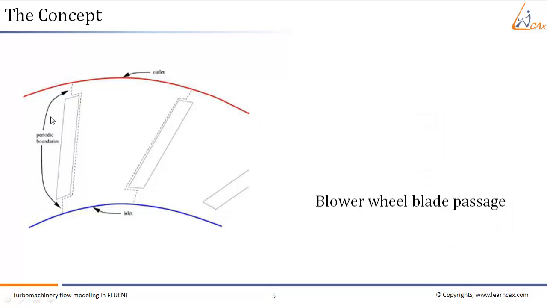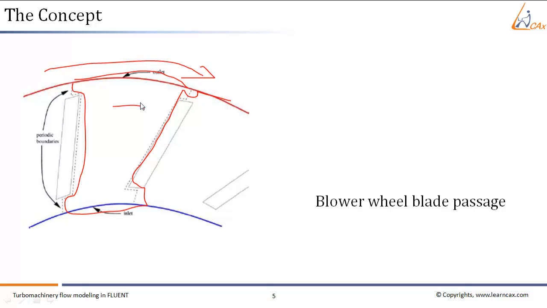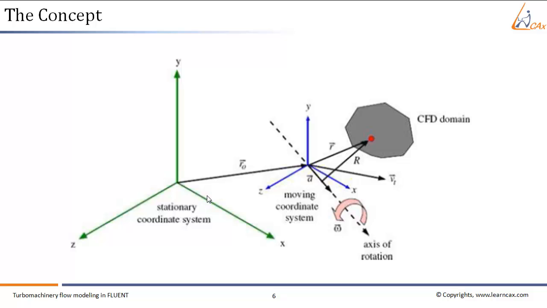If we take an example of this section which is periodic, that is this particular section, this entire section is actually moving along with the moving component. So we can define this entire section as a CFD domain, and since there are no stationary parts, all this can be considered as a moving reference frame, and it is only a single moving reference frame. So this is an example of a blower wheel blade passage which can be modeled using single reference frame model.